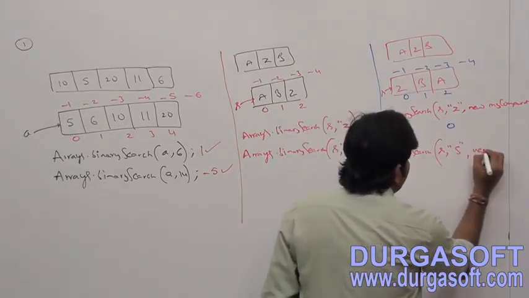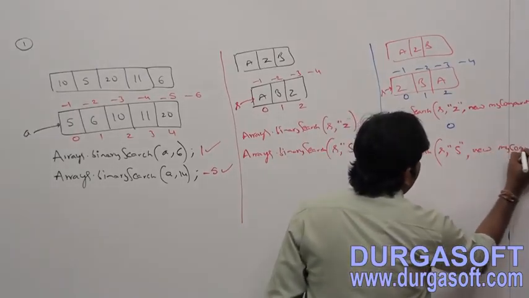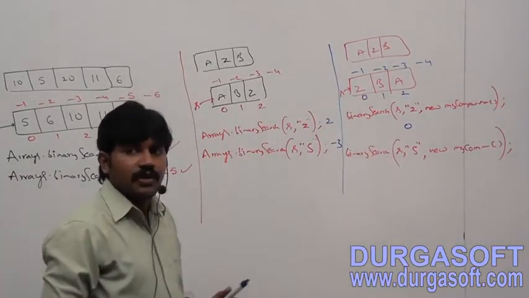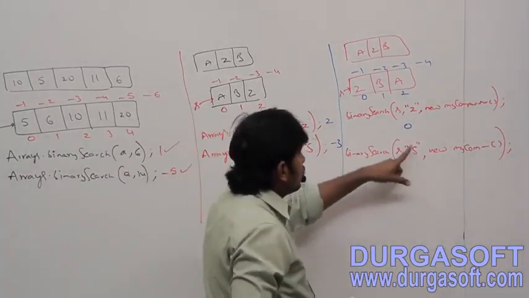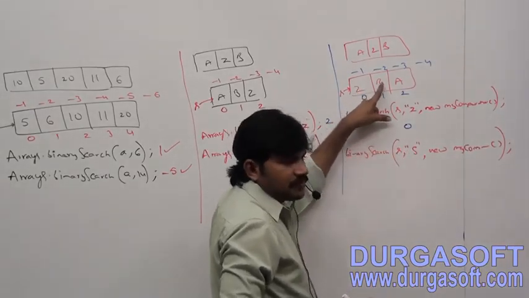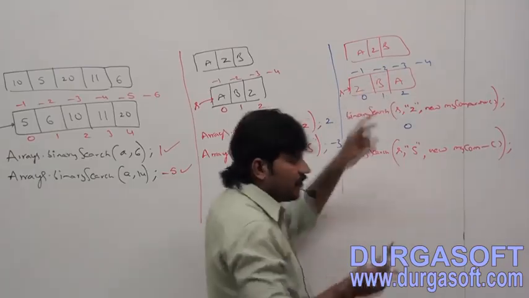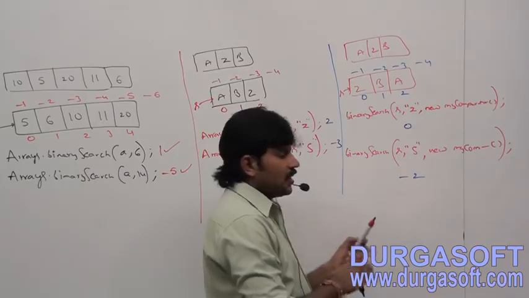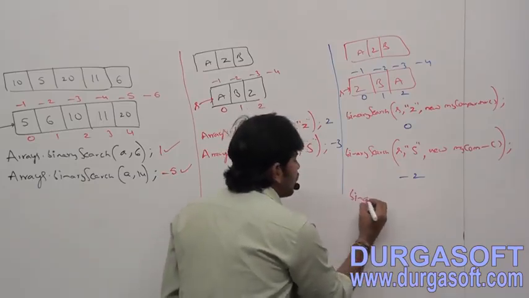Capital S, comma new MyComparator. Can you tell where capital S will come? After Z, correct or not? In reverse order, after Z it will come. That's why the answer is -2.